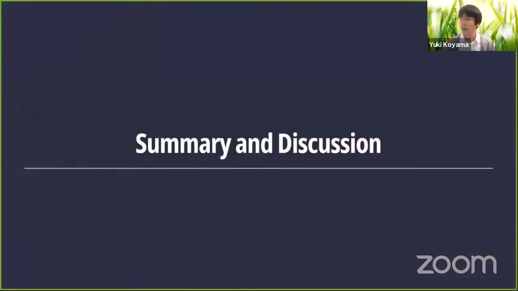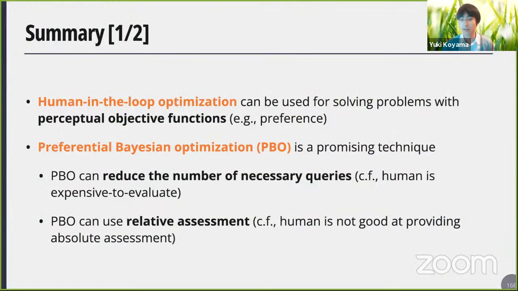Now let me summarize this talk and give some discussion points. Today I talked about human-in-the-loop optimization, which can be used for solving problems with perceptual objective functions such as preference. Then I introduced preferential Bayesian optimization as a promising technique for this purpose. It can reduce the number of necessary queries, which is important because humans are expensive to evaluate.